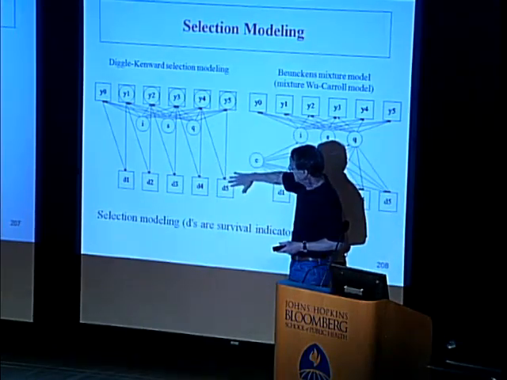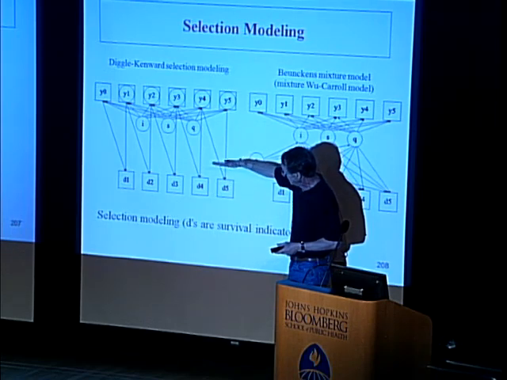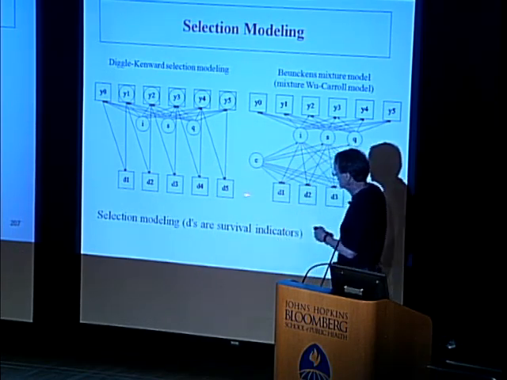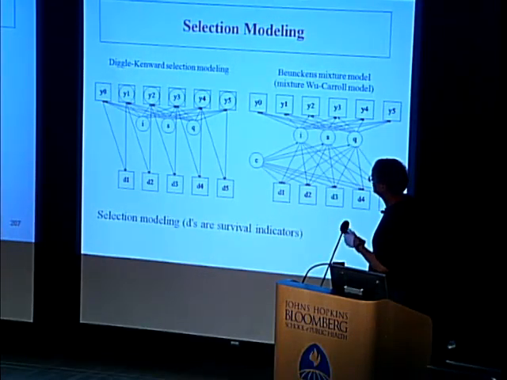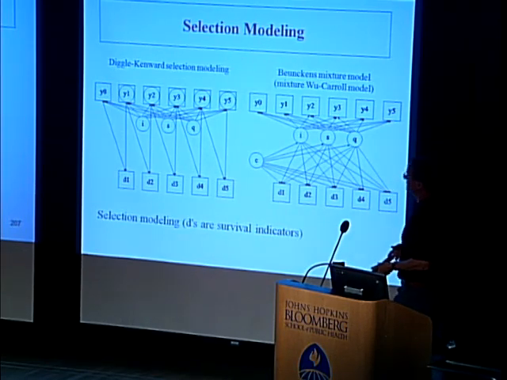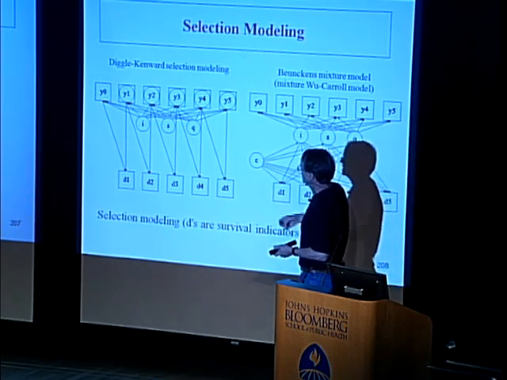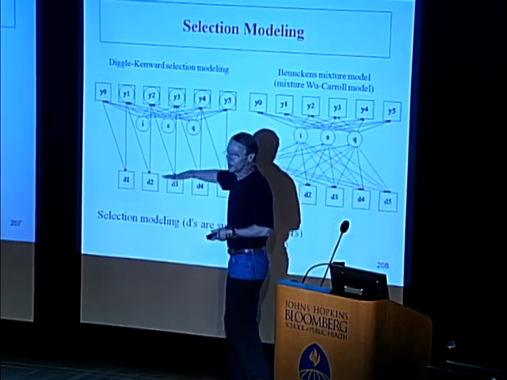D is the dropout or not. It's a binary variable, dropout or not at these different time points. And it's influenced by Y. So that's the selection modeling idea. We're saying that this is a logistic regression.